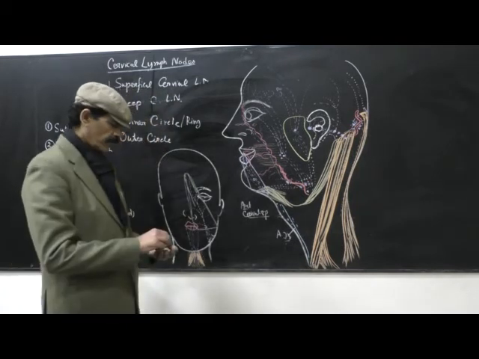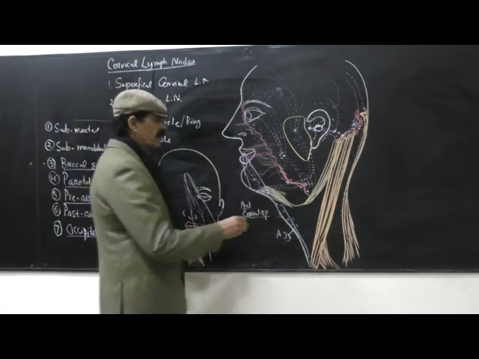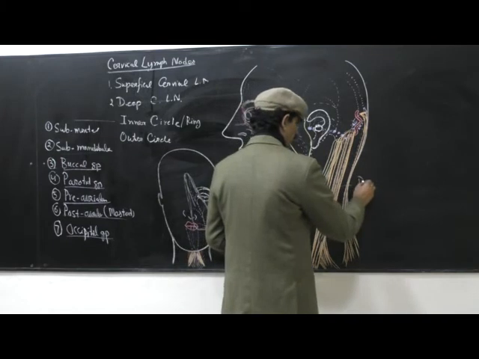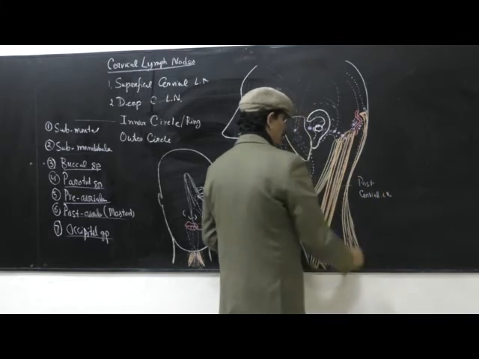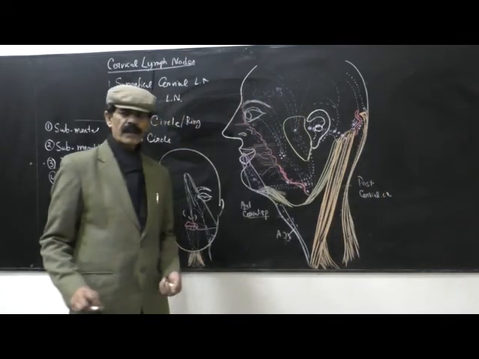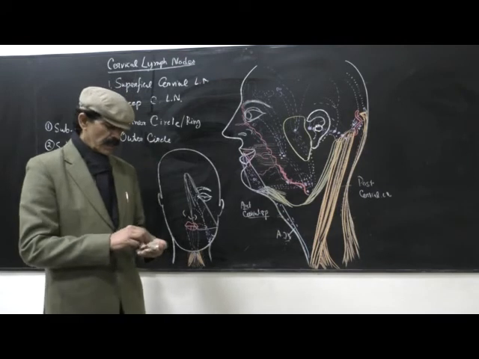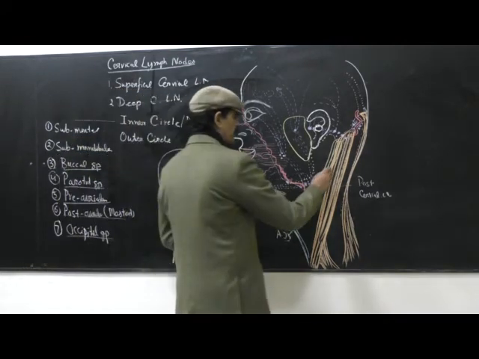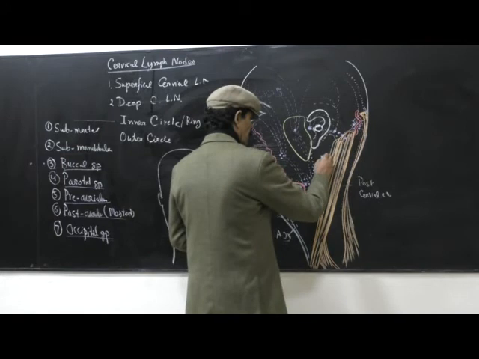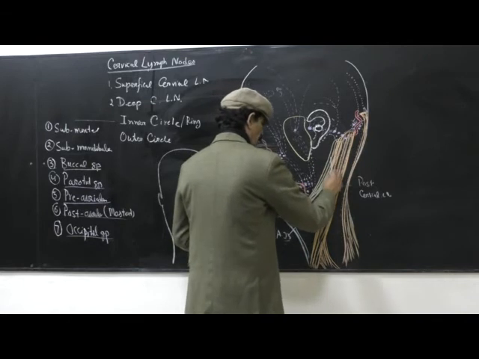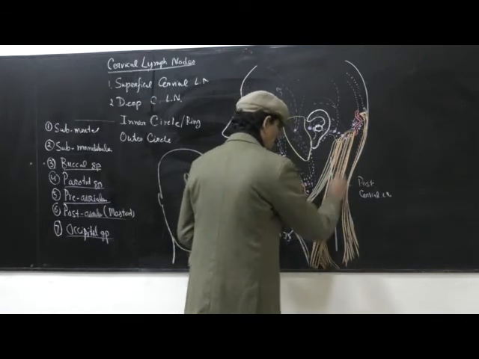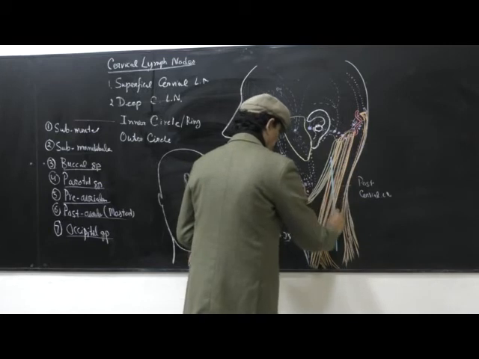Similarly, there is a posterior cervical group of lymph nodes. They are mainly in the posterior triangle, and these lymph nodes are present along the external jugular vein in the superficial fascia.